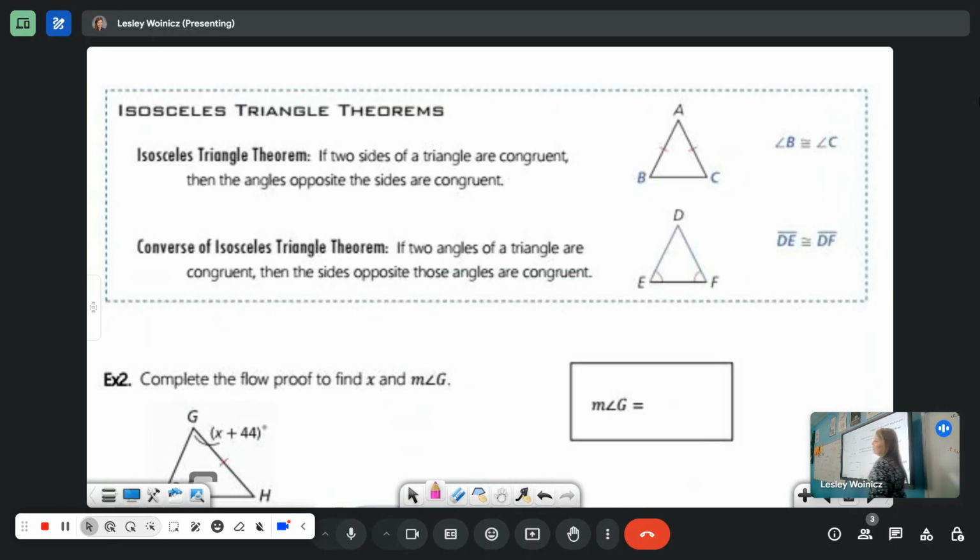All right, I've already mentioned this. Probably the textbook name is called the Isosceles triangle theorem. It is also commonly known as the base angles theorem.